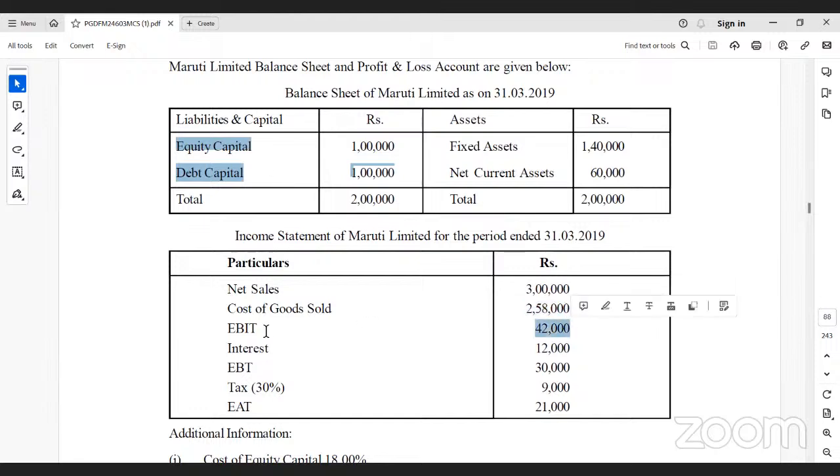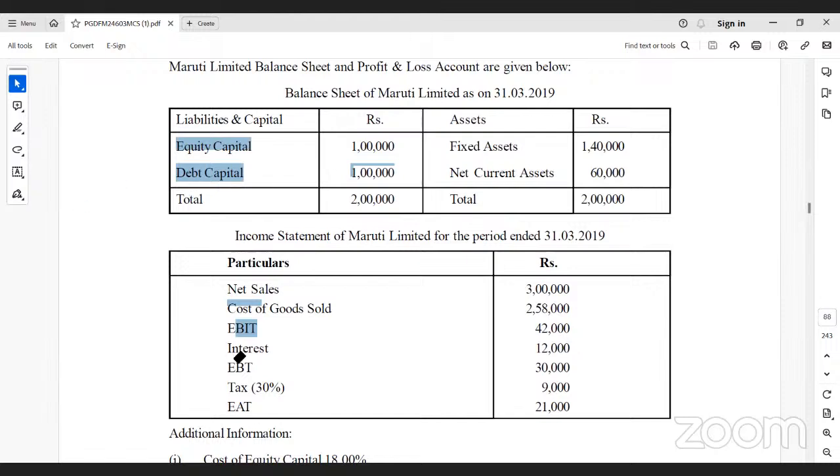The firm's EBIT is nothing but operating profit, earnings before interest and taxes. So EBIT is 3 lakhs minus 2 lakh 58,000, which is 42,000 rupees.